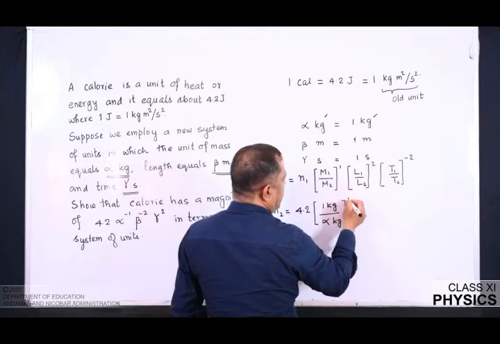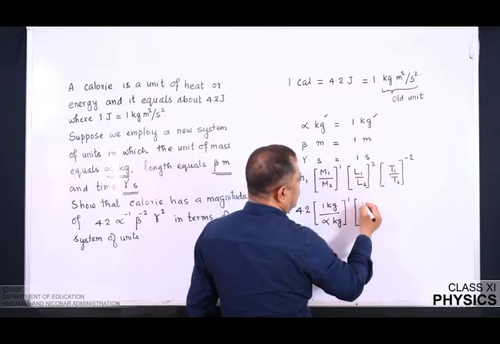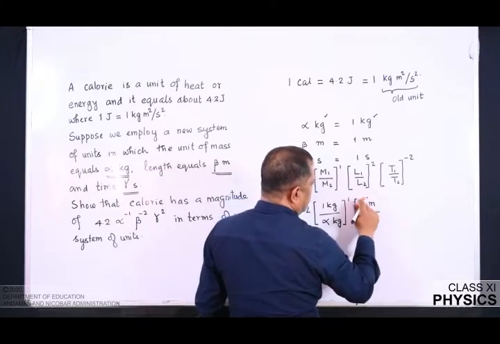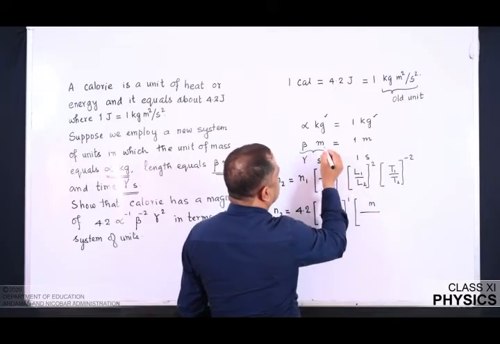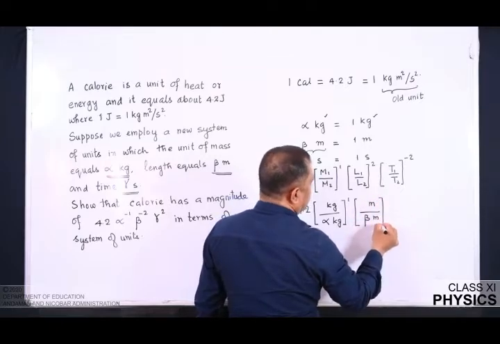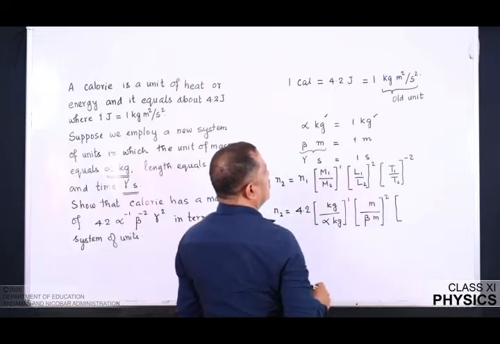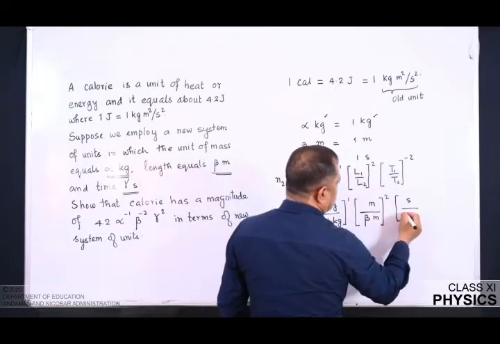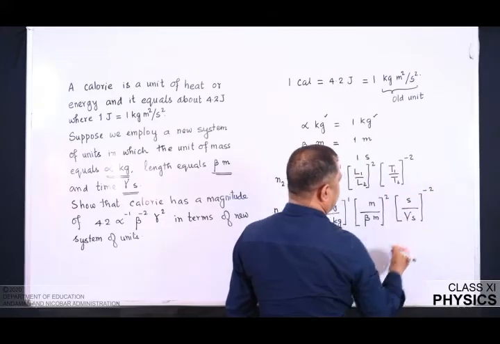The dimension is 1, and L1 in the old system of unit is meter over, in the new system of unit, beta meter, and the dimension is 2. As such for T1 in the new system it's second over gamma second, and the dimension is minus 2.